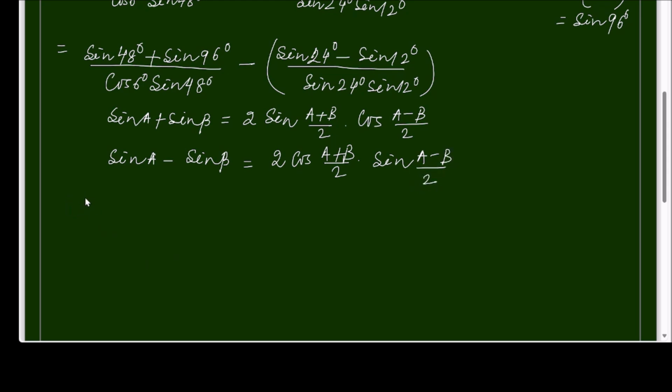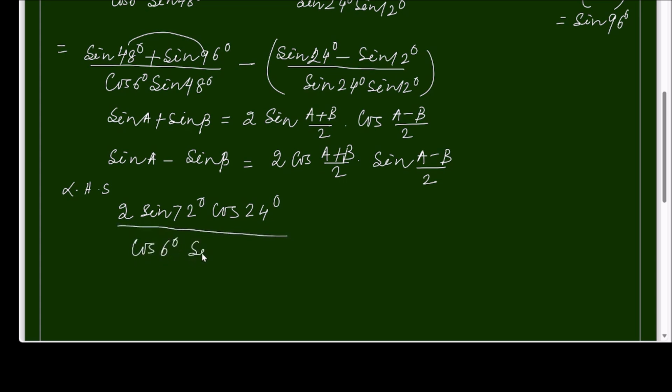So our LHS will become, applying these two formulas, 2 sine (48 + 96)/2, 144 divided by 2, that will be 72 degree, and cos (96 − 48)/2, 48 by 2, that will be 24 degree. Here it will be cos 6 degree and sine 48 degree, the denominator as it is.